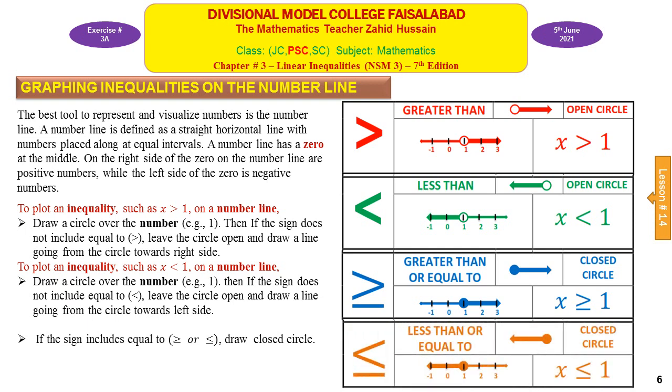In the case of less than or equal to, draw the number line, draw a circle over the number, shade it, and bold the number line towards the left hand side, or over the number 1, draw a shaded circle and draw an arrowed line towards the left hand side. So this is simple, to plot the inequalities.